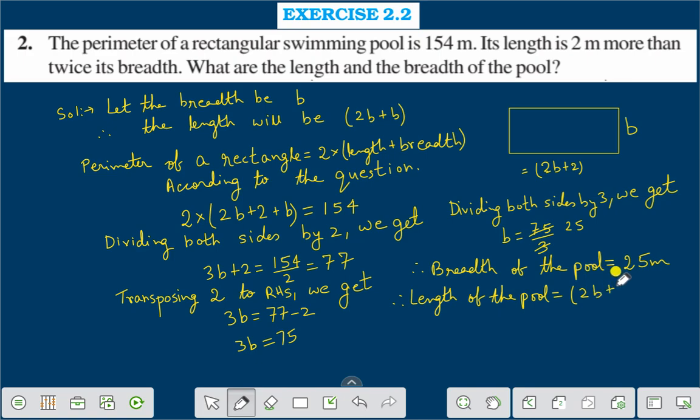Breadth is 25, so that is 25 into 2 is 50 plus 2, and that comes to 52 meter. Here you see the breadth is 25 meter and the length of the pool is 52 meter.